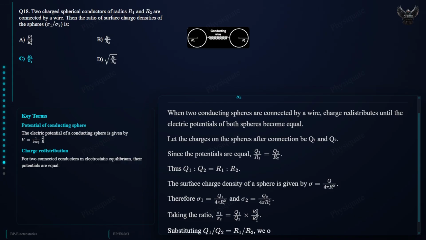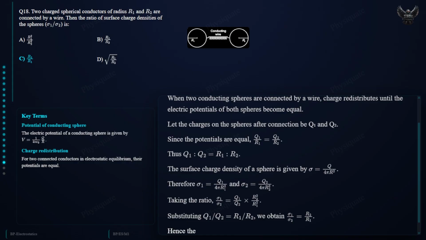Substituting Q1 divided by Q2 equals R1 divided by R2, we obtain sigma 1 divided by sigma 2 equals R2 divided by R1. Hence the ratio of surface charge densities is sigma 1 divided by sigma 2 equals R2 divided by R1.